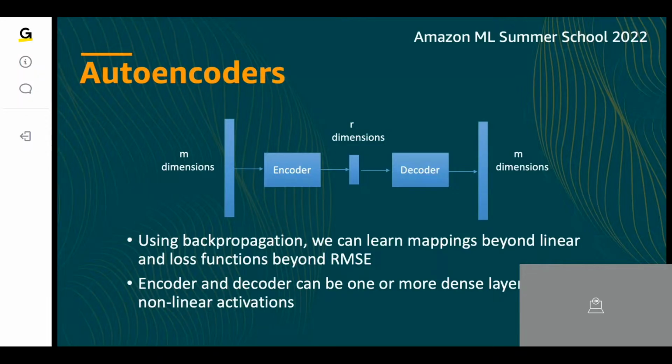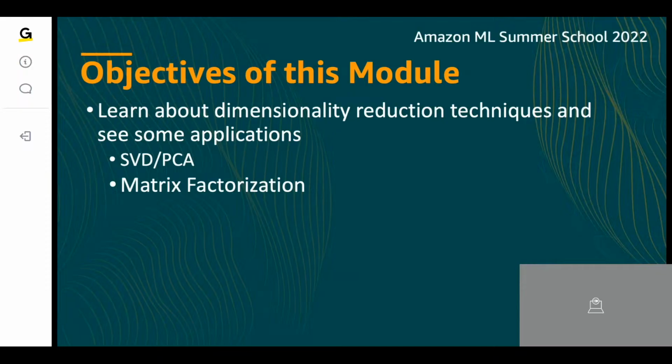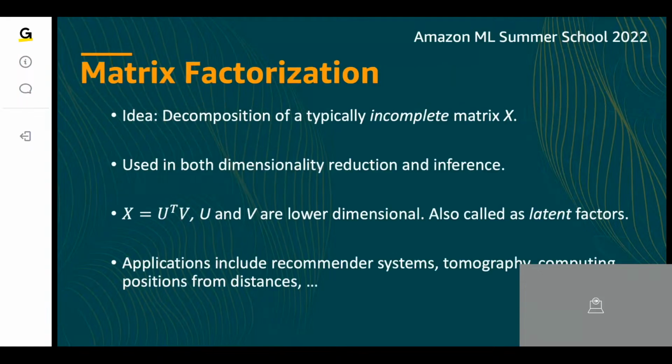Okay, so coming to matrix factorization. Now, matrix factorization is quite a unique, I would say, specialization of principal component analysis. Matrix factorization takes the idea that, let's say, you had an incomplete matrix X. So think about it this way, in case you have the problem of recommending movies to users, right?